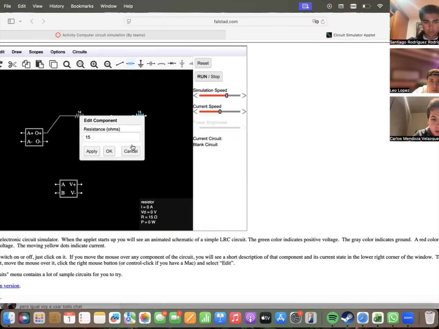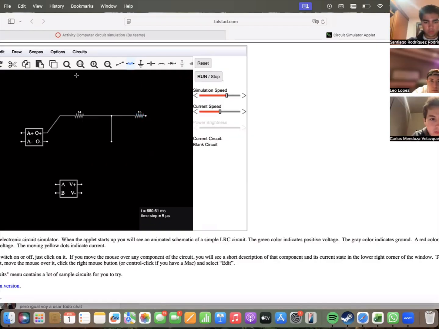So we continue with the wire here, and we go downwards. Here, we're going to use these two nodes to connect two other wires. This one will go like this. This one will go like this.